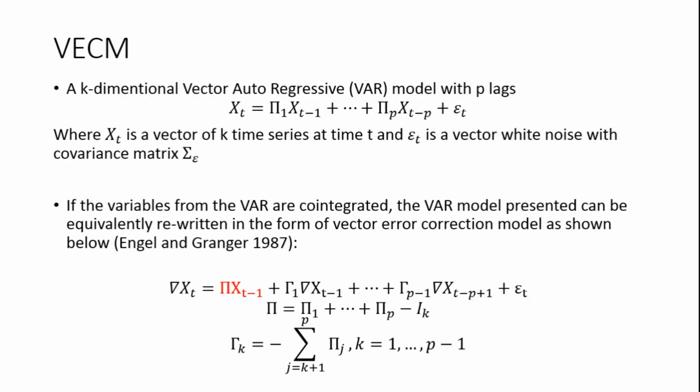So in a k-dimensional vector autoregressive model with p lags, we have the following representation of xt in function of lagged vectors. The matrices P1, P2, up to Pk are coefficient matrices, where xt is a vector of k time series at time t, and epsilon t is a vector white noise with covariance matrix.